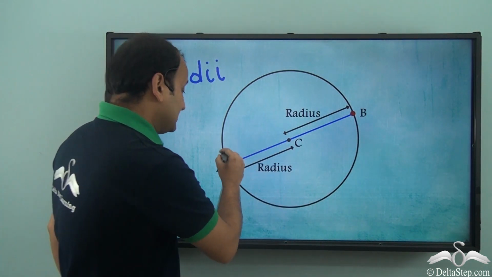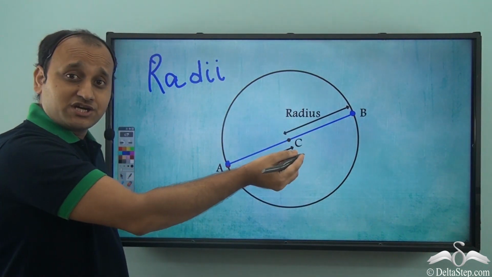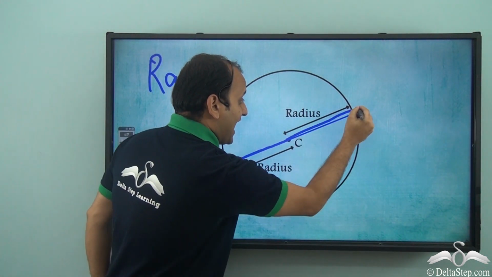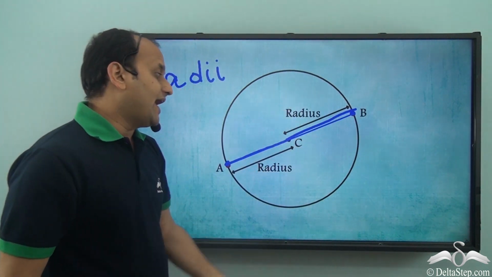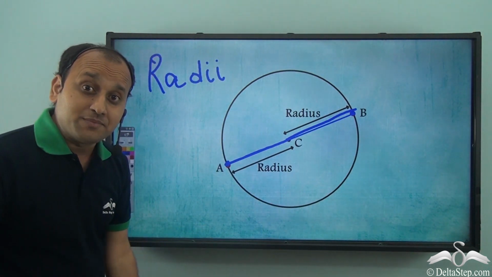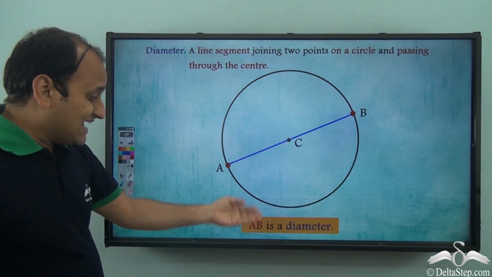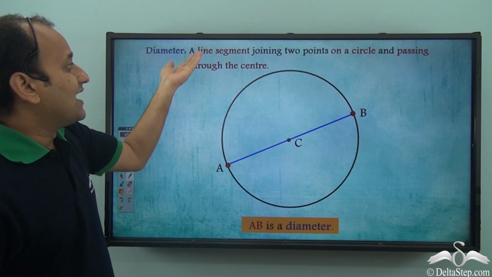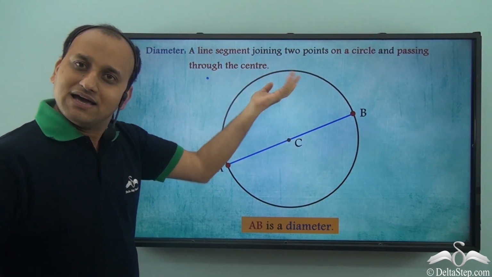So, you see these points A and B are exactly opposite to each other, and when you join AC and BC, then you get a straight line, and this particular line which you get is nothing but the diameter of the circle. So, in this case, AB is a diameter because what is a diameter? A line segment joining 2 points on a circle and passing through the center.